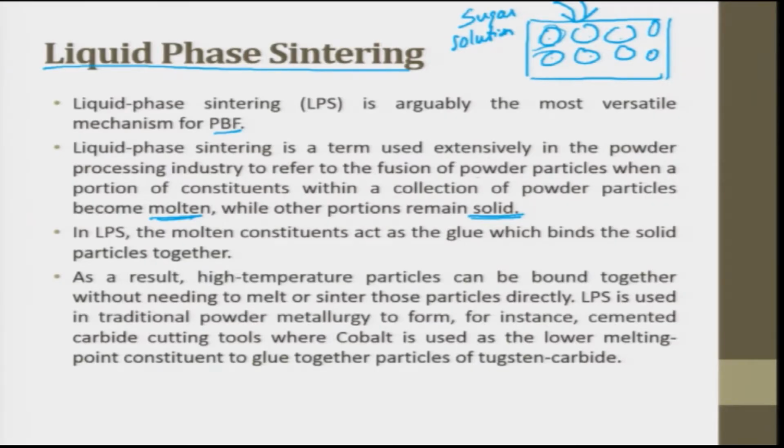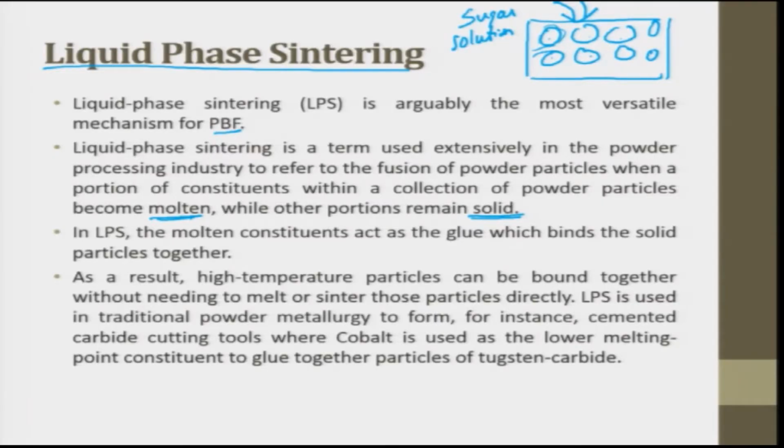So this is the fusion of powder particles when a portion of the constituents becomes molten while the other portion remains solid. In liquid phase sintering, the molten constituents act as a glue which binds the solid particles together. So here you don't have to worry about melting the nut even, because all you have to do is melt the coating layer.